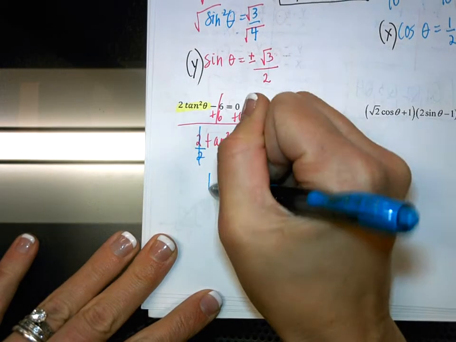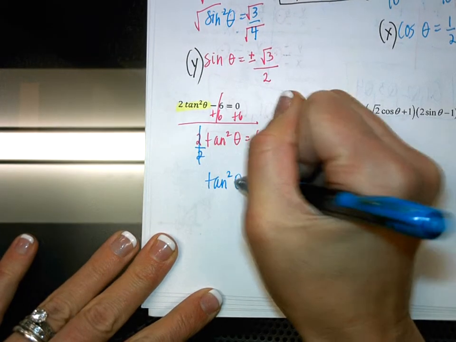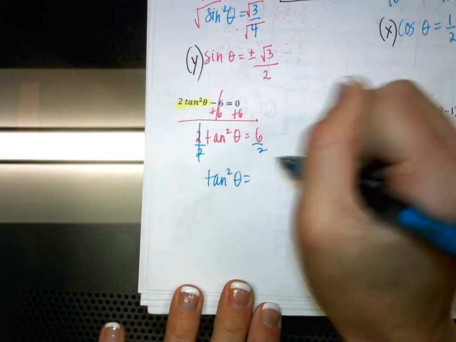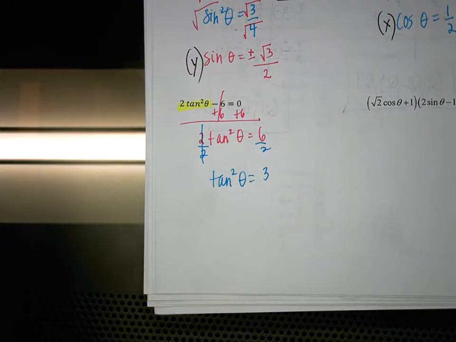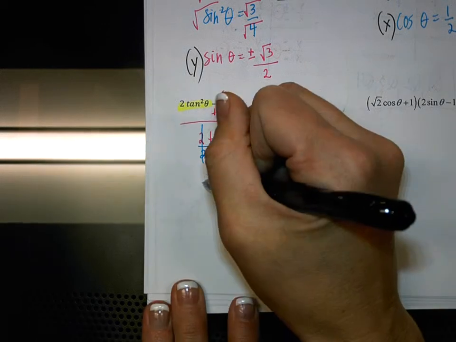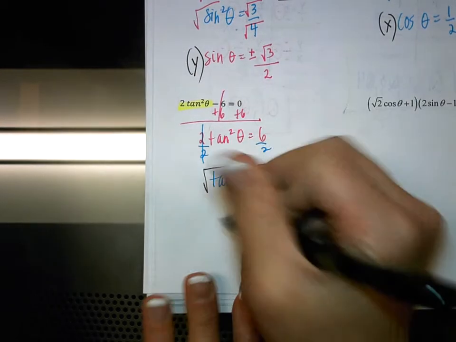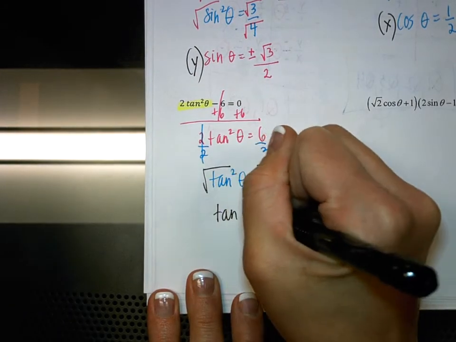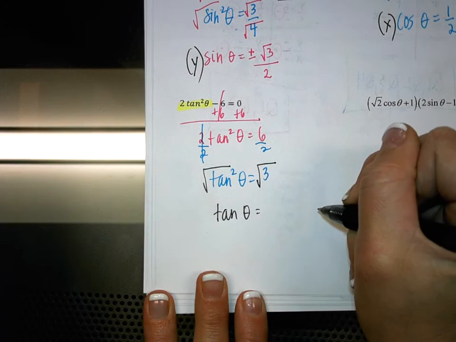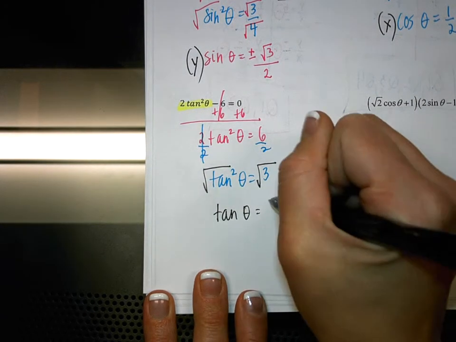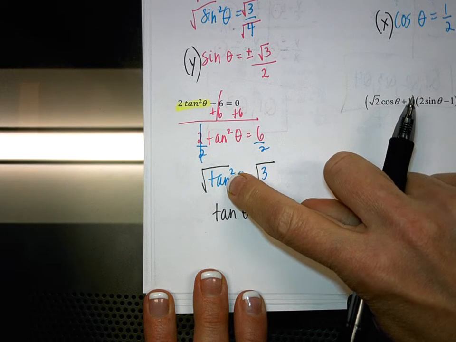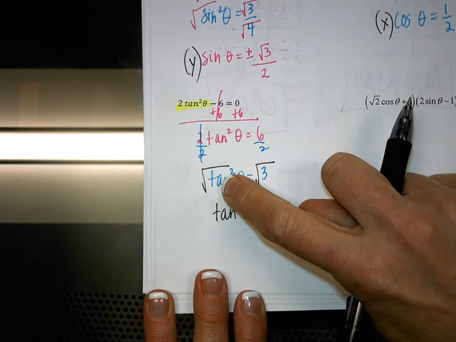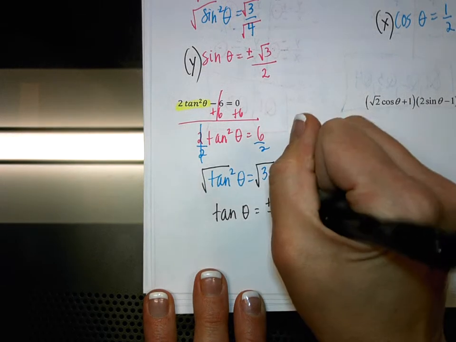So I have tangent squared of theta equals 3. Now because it's tangent squared, we need to do what? Very good. Take the square root. Because I'm taking the square root, we know it's going to be positive or negative. Because inside here we could have a positive, we square it, it becomes a positive, or inside here we could have a negative, square it, and it still becomes a positive. So it's positive, negative root 3.